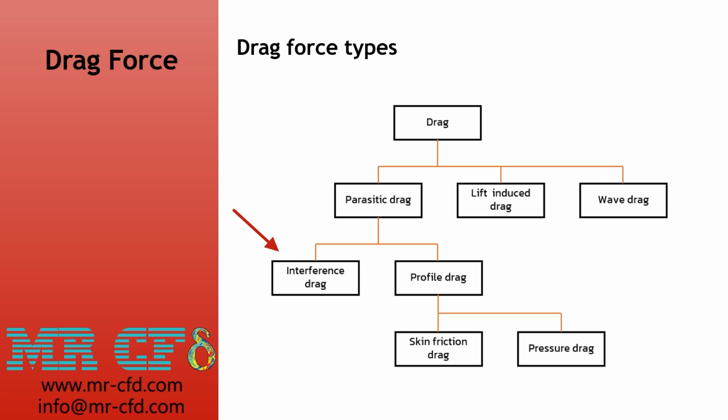When these two components, fuselage and wing, join together at the root of the wing, we have these two streams connected and interfacing with each other, and we have interference drag here. So you can divide to see how much of this drag is for the wing and how much is for the fuselage itself.